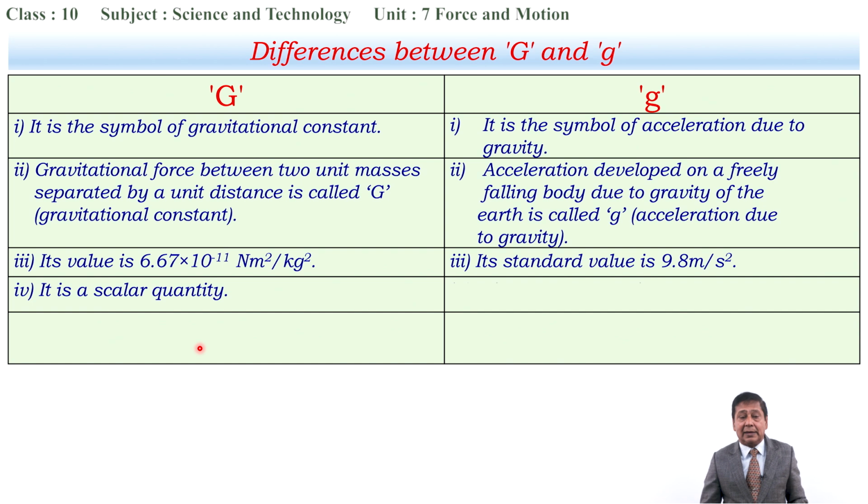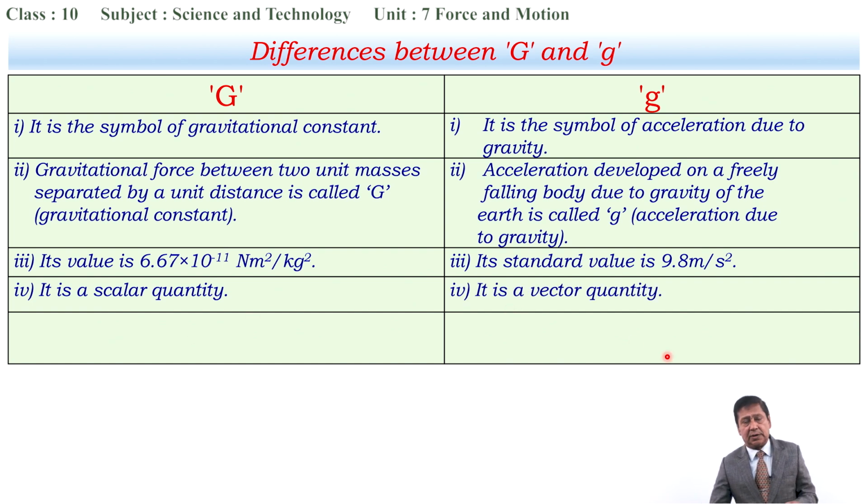Now another, this is a scalar quantity and this is a vector quantity. If you remember, what is a vector, what is a scalar? A physical quantity expressed only in terms of magnitude is called a scalar quantity, but a physical quantity which is expressed in terms of magnitude and direction both is called a vector quantity.